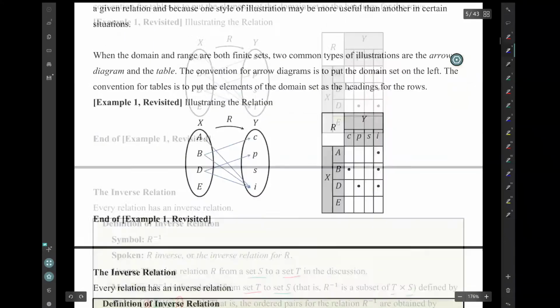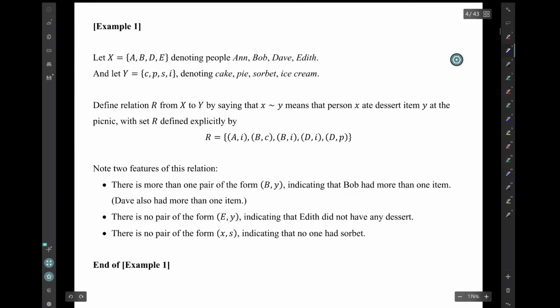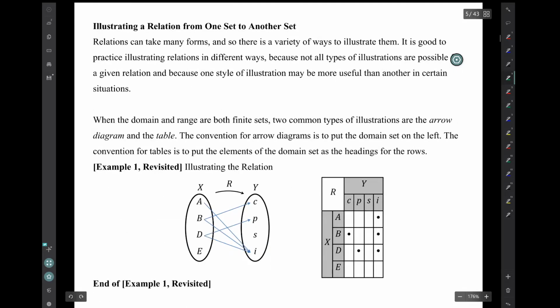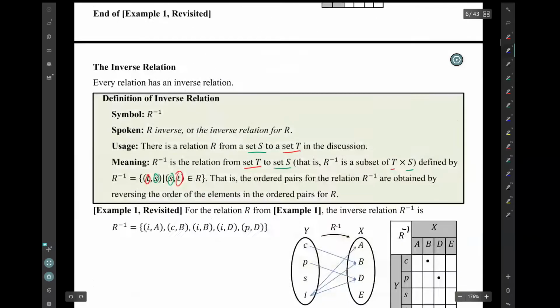If you go back up and look at example 1, there is no ordered pair with capital E on the left, but capital E is in the domain. And if you look at the arrow diagram, there is no arrow coming out of letter capital E. So there's no output that corresponds to the input capital E. So this relation, a perfectly good relation from X to Y, does not qualify to be called a function from X to Y.